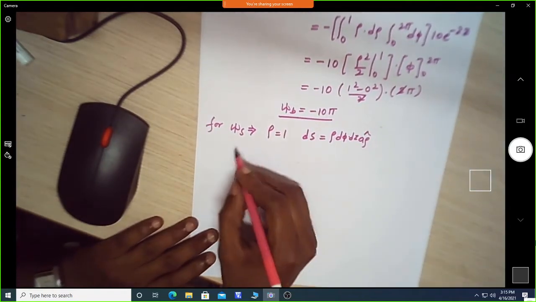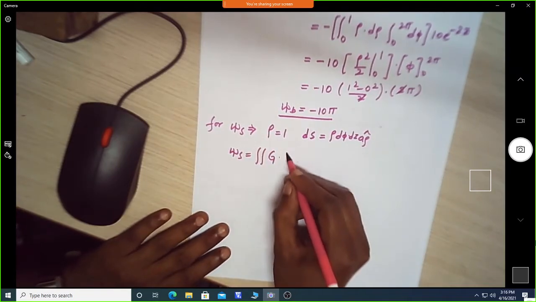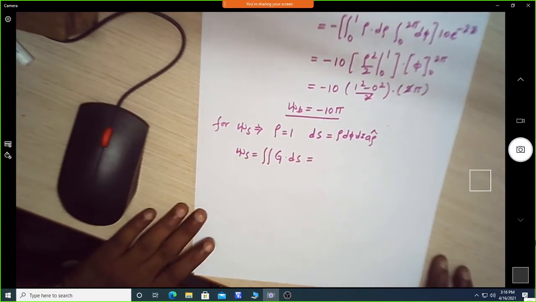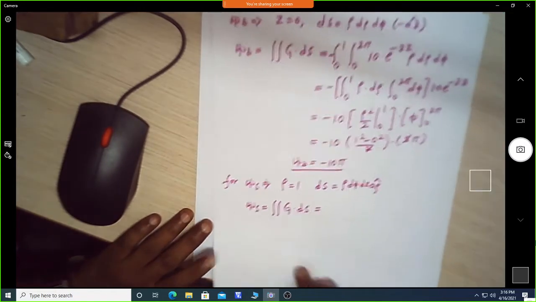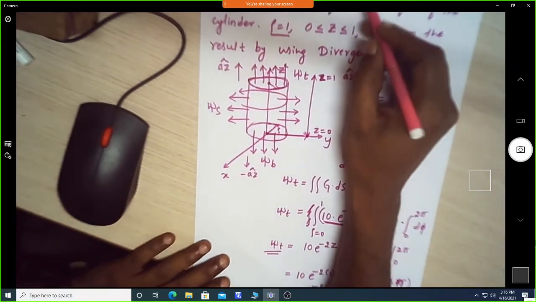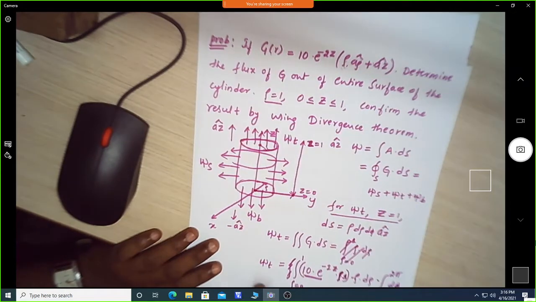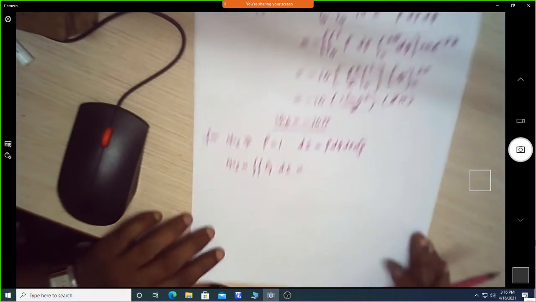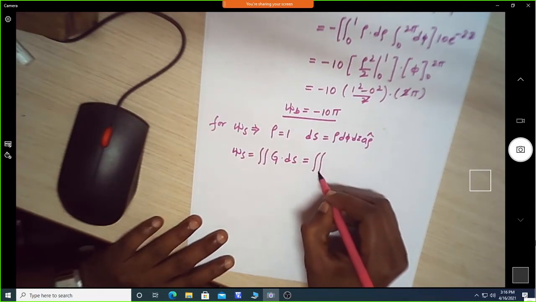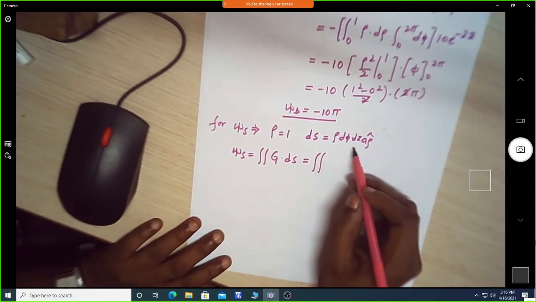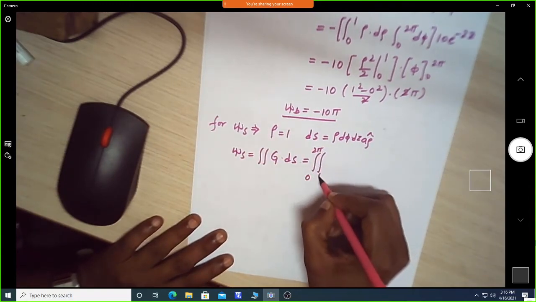So now we can evaluate psi s, the integral of g dot ds. What is g with respect to the arrow direction? Here you can see the given g in the arrow direction is rho, so the component is rho. Now you can substitute that. The variation is phi and z, so that is 0 to 2 pi and 0 to 1.